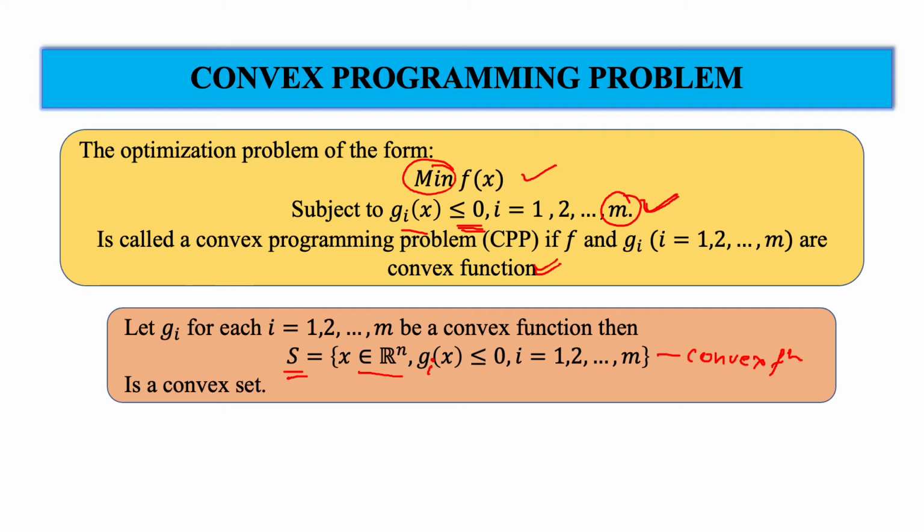If all the gi's are convex functions, then this set is called a convex set.